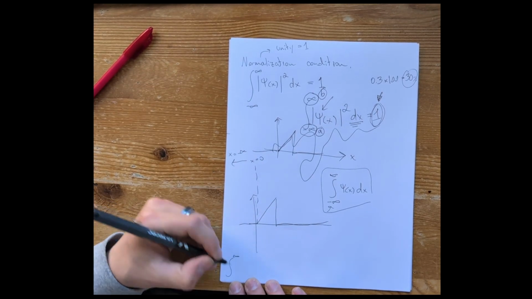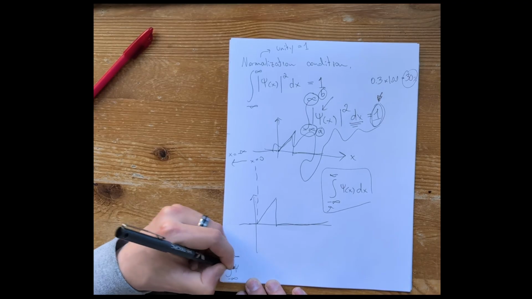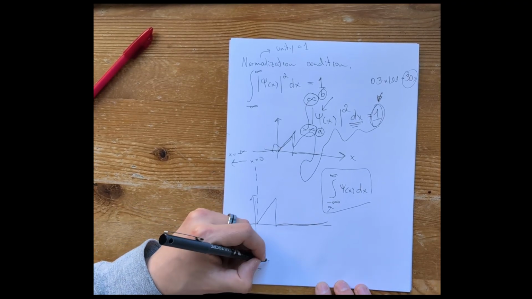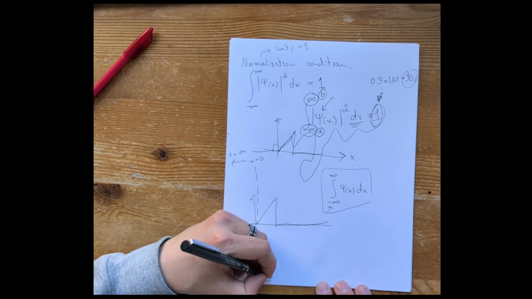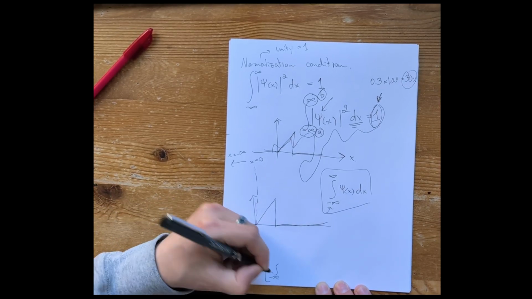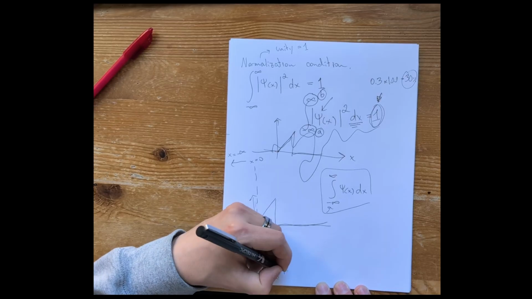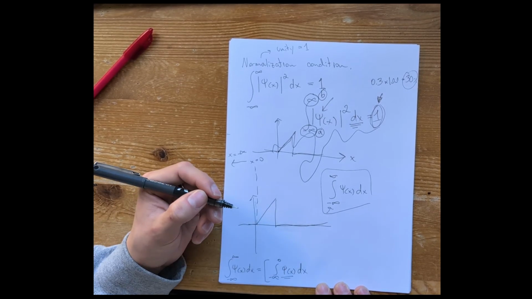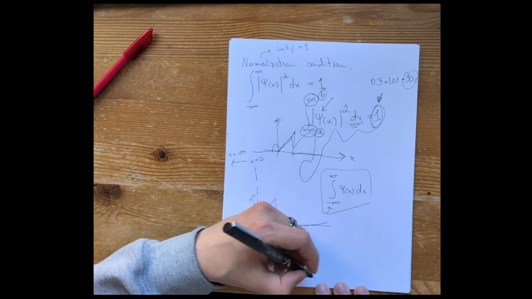So here I will do the normalization condition integral. I will put some brackets like this, and break apart the first integral from negative infinity to 0. Inside, I will put the wave function. I'm just going to keep it general like this.